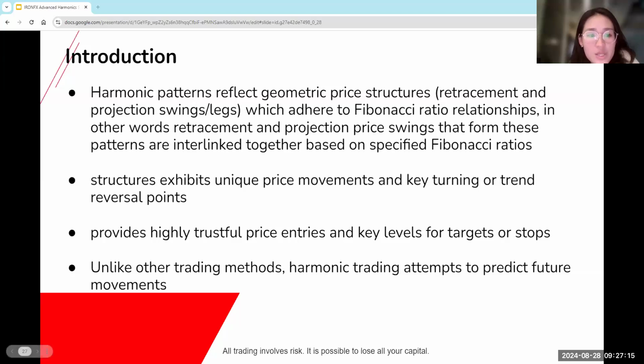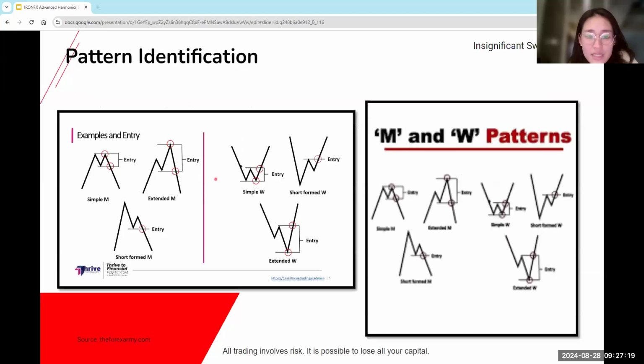Okay, let's briefly talk about some basic pattern identification. Some of these patterns can be quite complex and a bit technical to understand, but once you understand the pattern structure, they can be spotted quite easily. These patterns are either forming or completed M or W shapes, or they could be combinations of M or W as well.